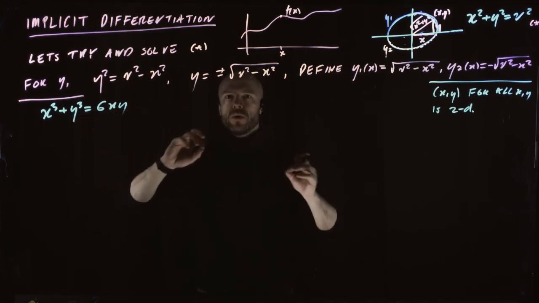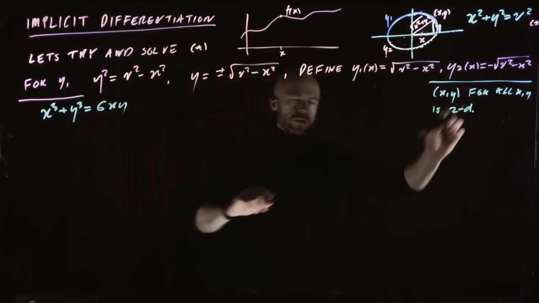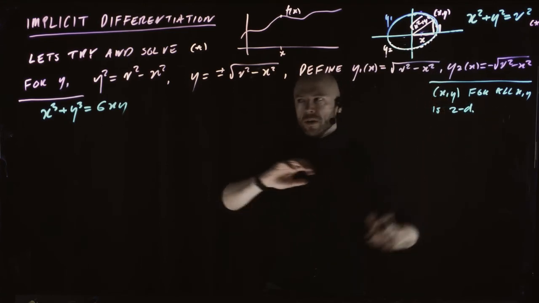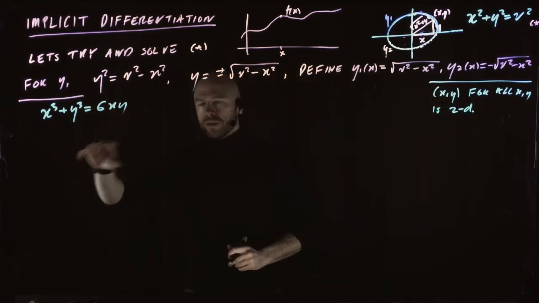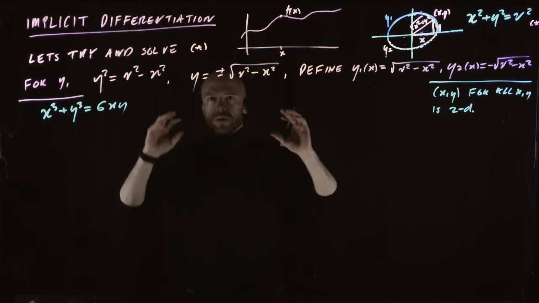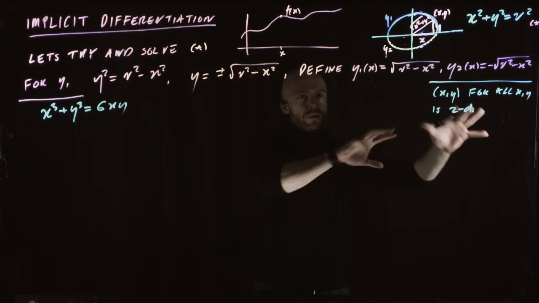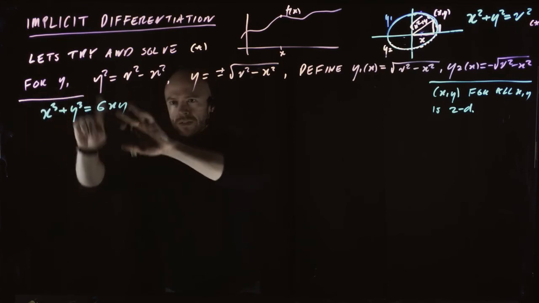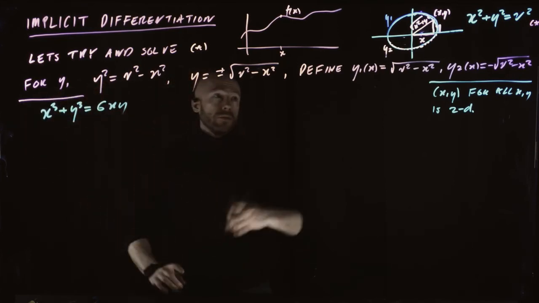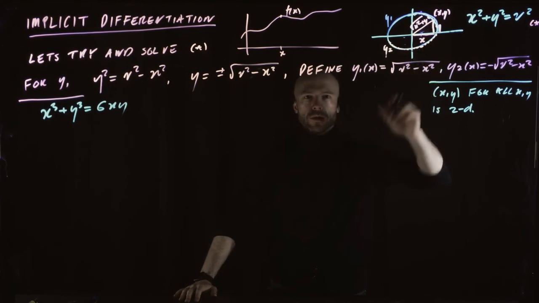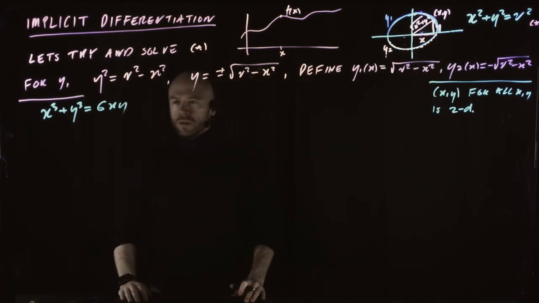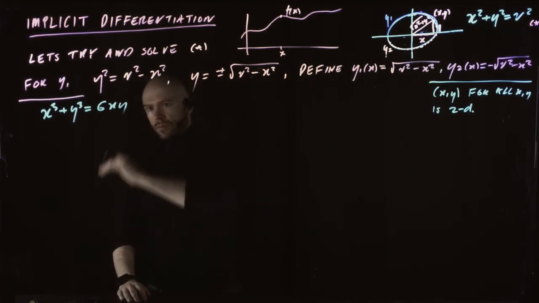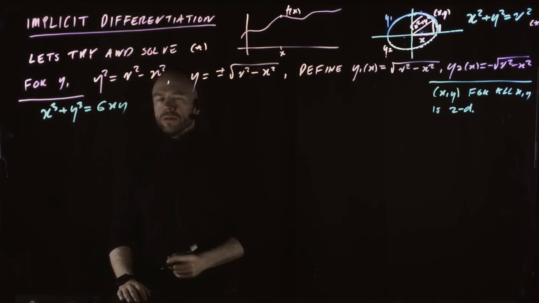We've removed one degree of freedom. Here there are 2 degrees of freedom. x and y can move any way we want. Here they are related. We've removed 1 degree of freedom, so we've removed one dimension. We've gone from something which is 2-dimensional to something which is 1-dimensional. All the x and y that satisfy this will be a 1-dimensional curve, just like this is a 1-dimensional curve. Okay? Cool. All right, so this is another kind of example we're going to do.